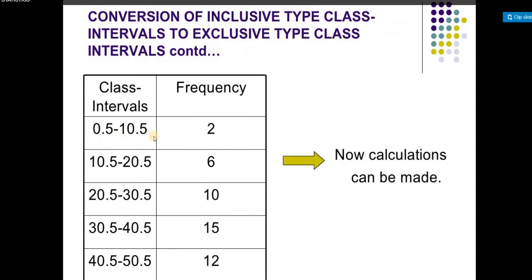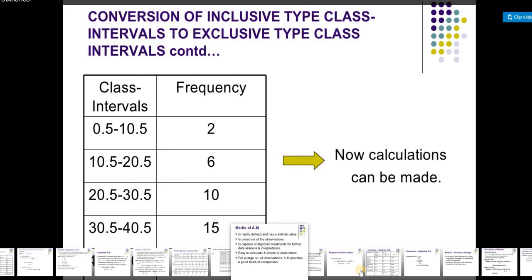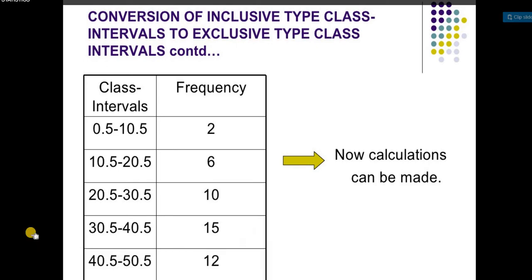When subtracting from the lower limit, you will get 0.5, 10.5, 20.5, 30.5 and 40.5. When adding, you will get 10.5, 20.5, 30.5, 40.5, 50.5. This is the conversion of inclusive type class intervals to exclusive type class intervals.